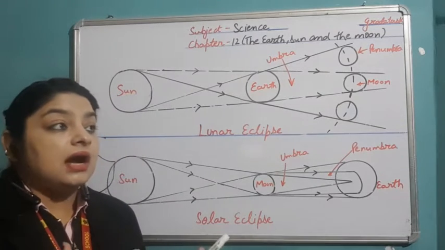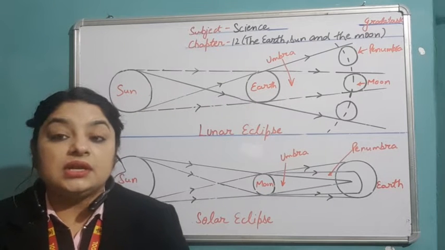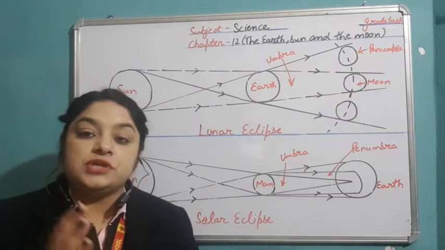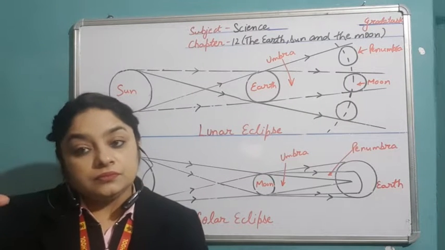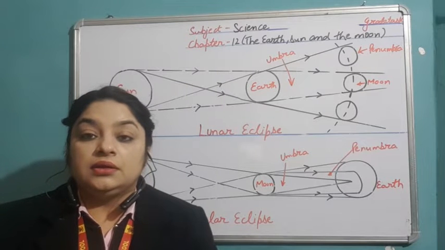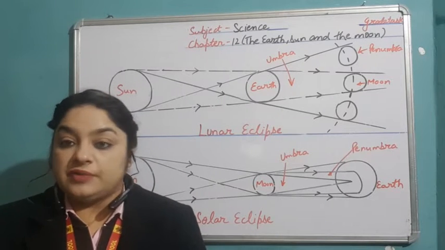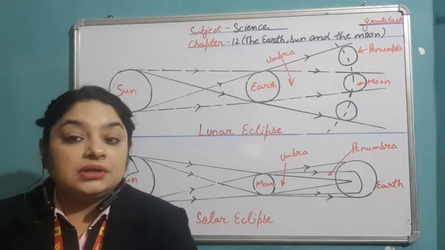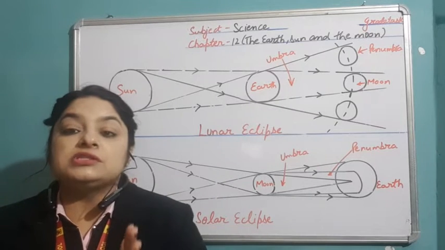Now, there can be some cases when Earth, sun and moon come in a straight line. When this happens, the shadow of one object falls on another object, due to which part of one object is hidden. Now Earth and moon, both of these are opaque objects. Opaque objects are the objects which do not allow light to pass through them, which block the rays of light.